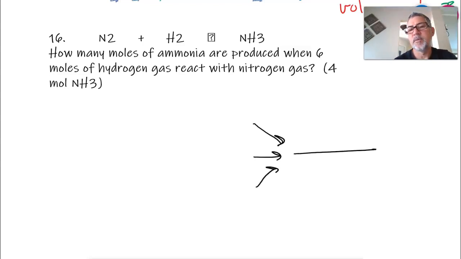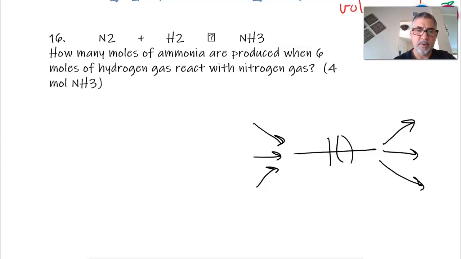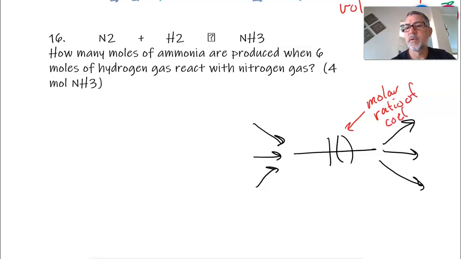We have our expanded triangle, and remember that this is a molar ratio, using the coefficients. If we look at our equation here, this should be an arrow.